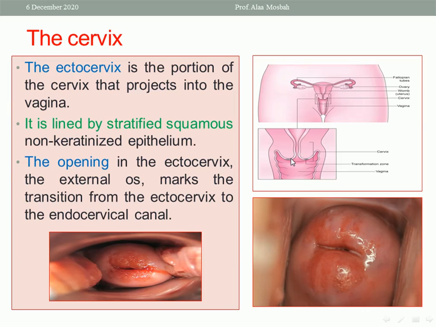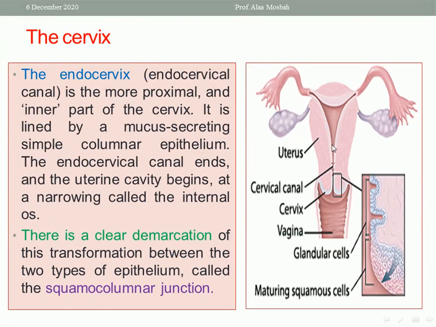The distance between the primary and the secondary is called the transformation zone, which is a very active area and the most serious part as regards the possibility of occurrence of CIN, cervical intraepithelial neoplasia, and the most important part of the cervix to be screened.